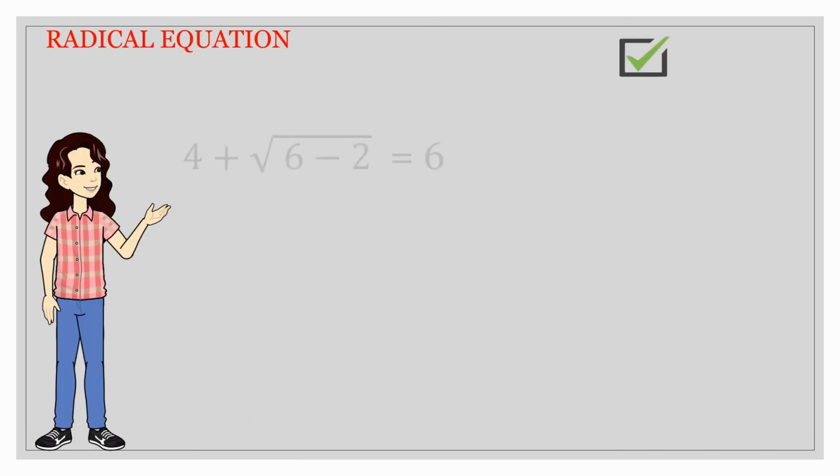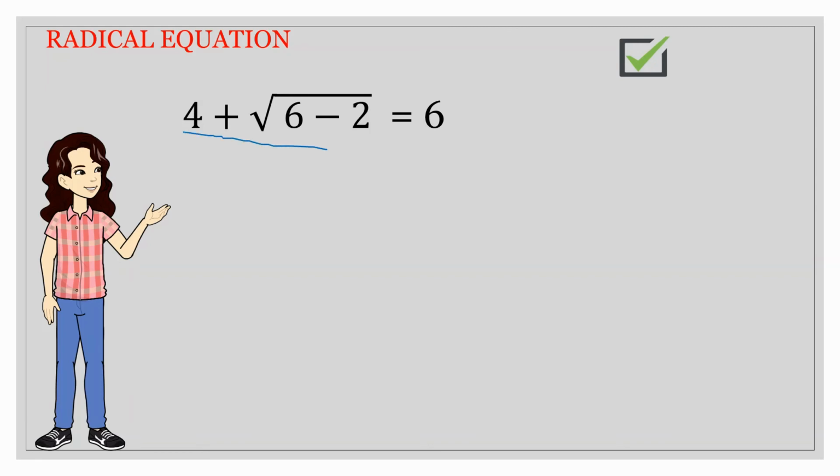Okay, in checking, in our original radical equation, 4 plus square root of x minus 2 is equal to x, our x is equal to 6. So substitute the value of x, that is 6.